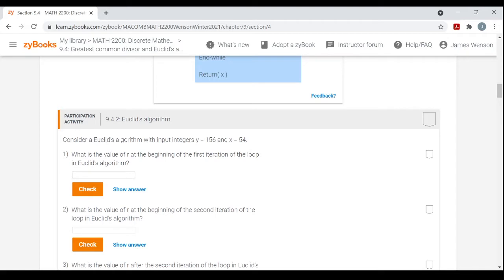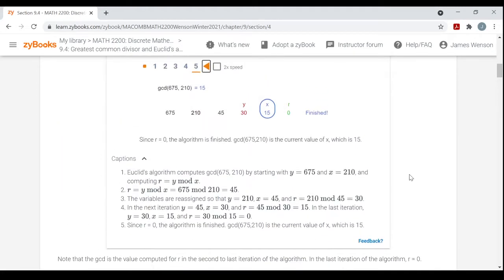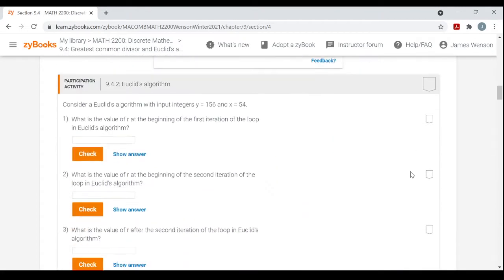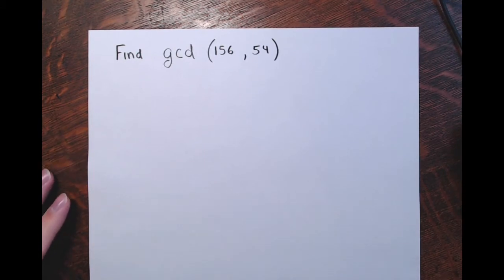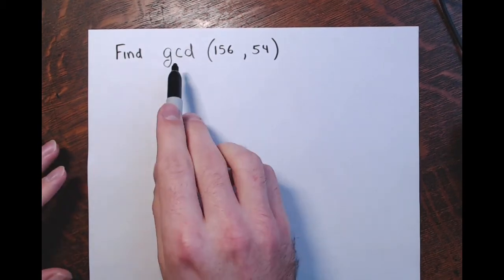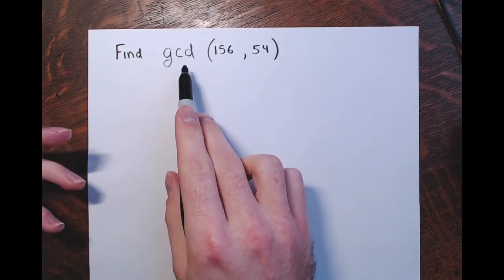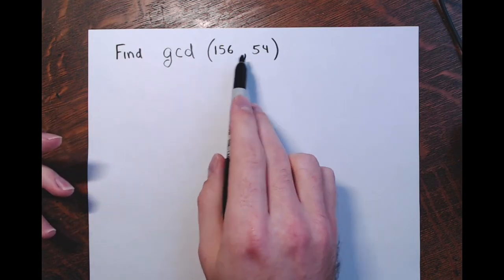First, let's find the greatest common divisor of 156 and 54, the way they did in the animation up here, using Euclid's algorithm. I want to find the greatest common divisor, the largest number that goes into both of these numbers evenly.